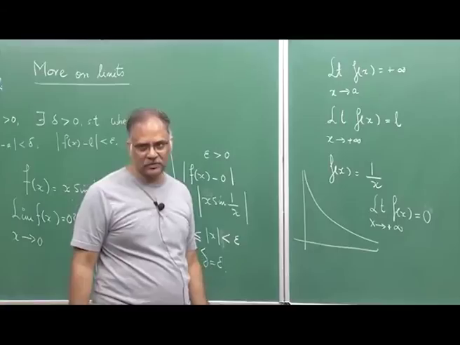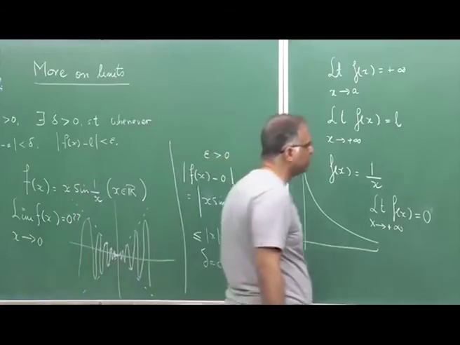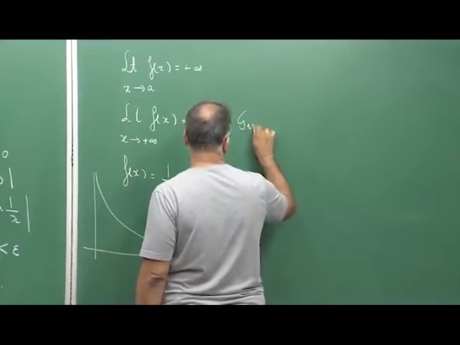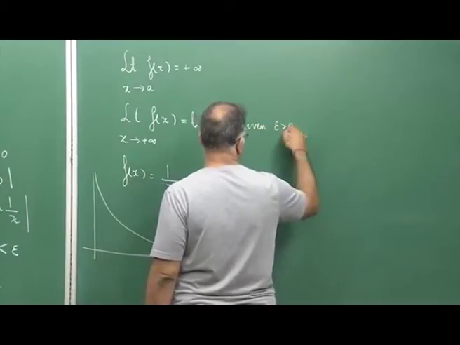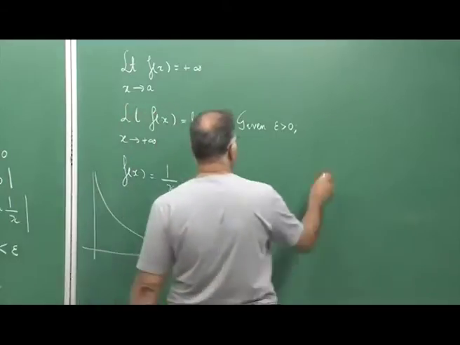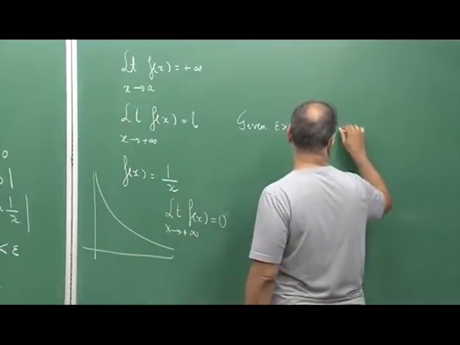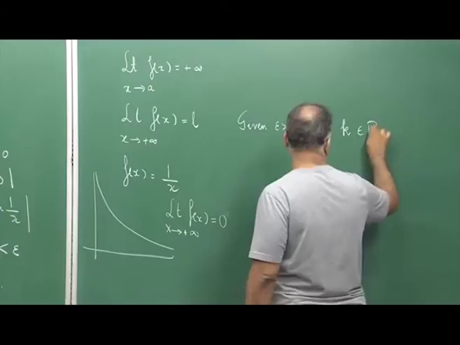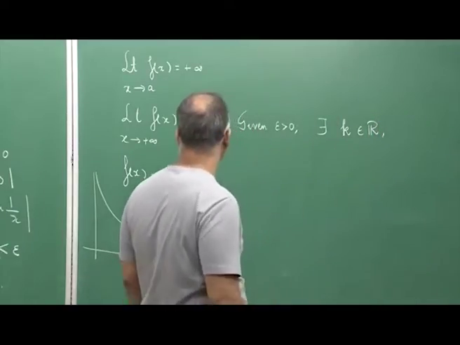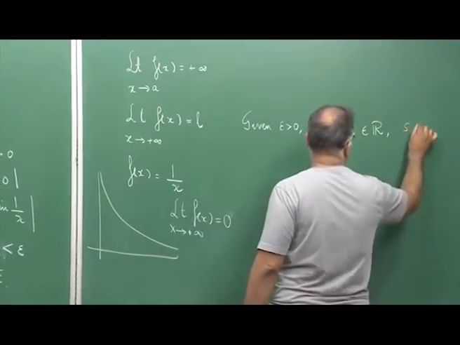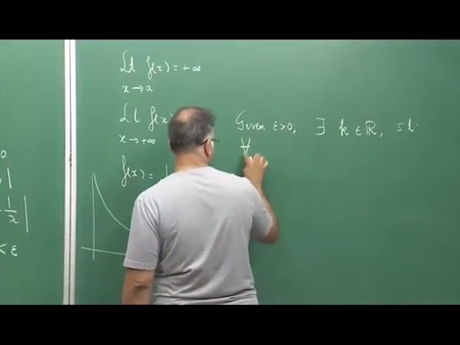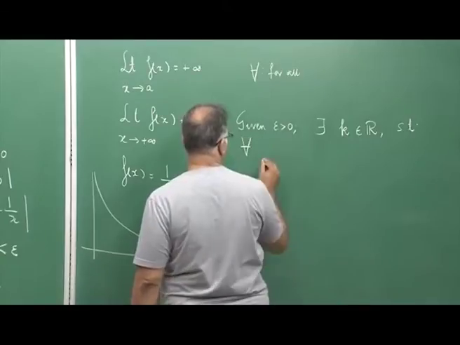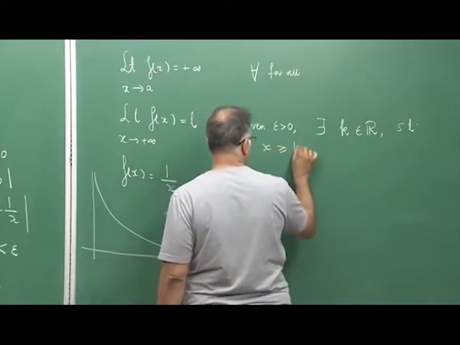What is the meaning of this? It says, given epsilon greater than 0, no matter how small, there exists a real number k, element of R, such that for all x, this is the symbol of for all, it is a standard mathematical symbol, means for all x which is bigger than or equal to k.